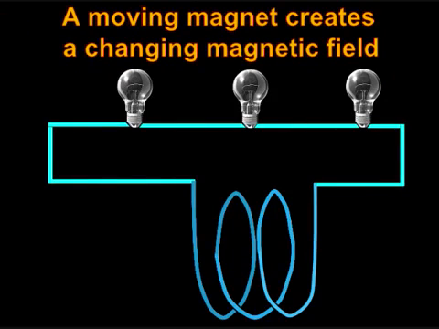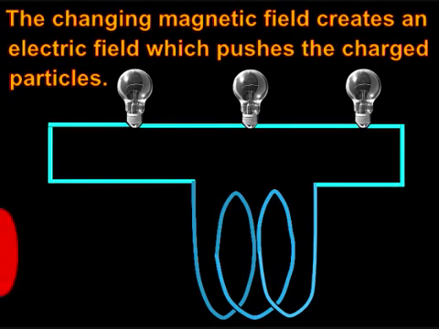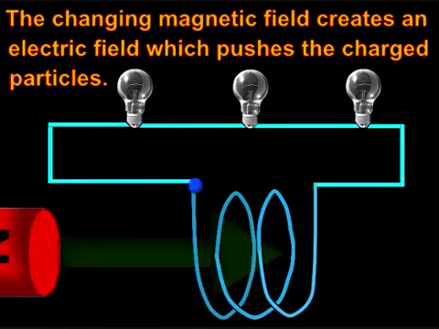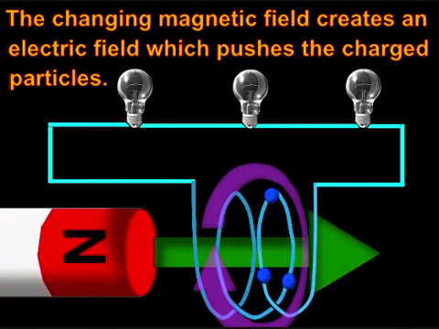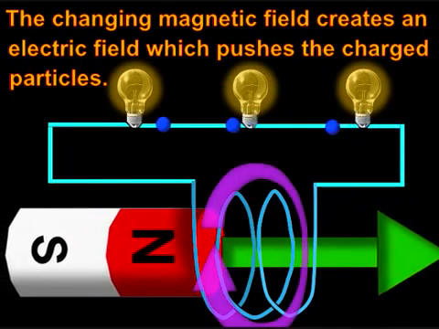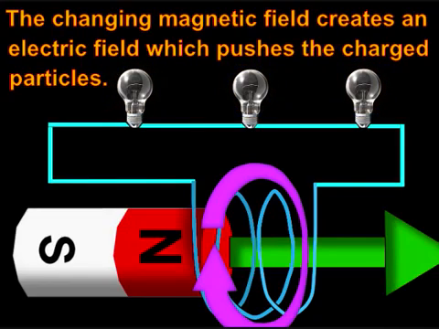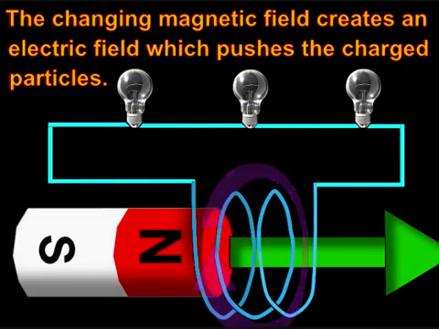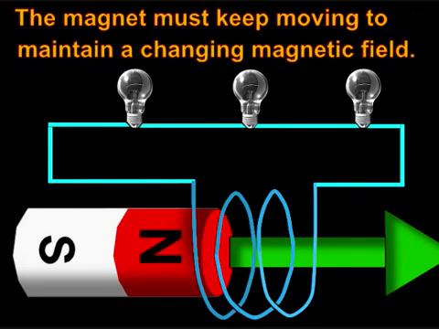A moving magnet creates a changing magnetic field.